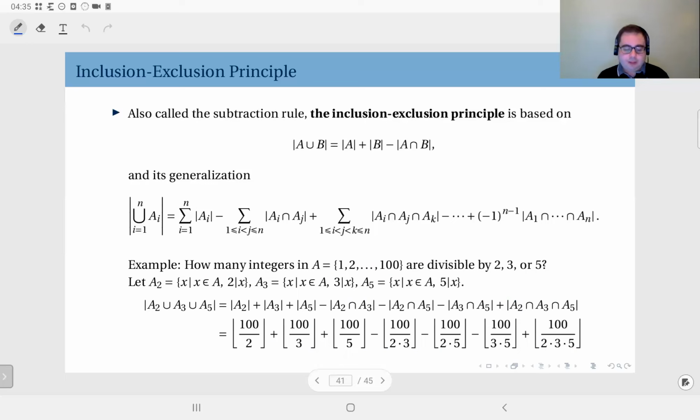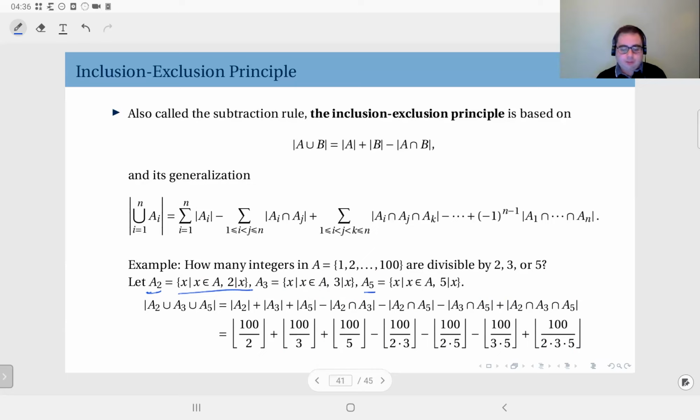Let's define A2 as the set of elements in set A that are divisible by 2. Similarly, define A3 as the set of elements in A that are divisible by 3, and A5 as the set of elements in A that are divisible by 5.